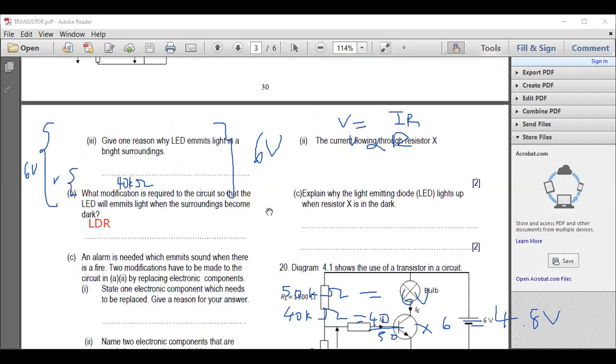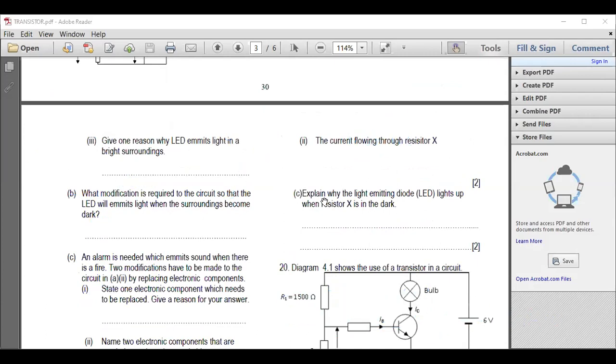Okay, so the next question they ask you: explain why the light emitting diode lights up when X is dark. This one you can say, 2 points: there is base current, and then there is collector current.